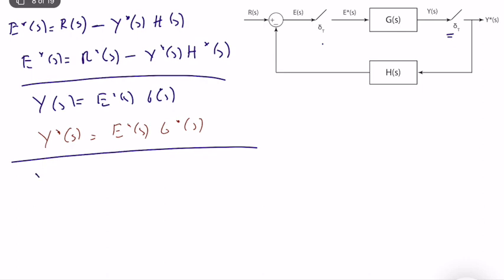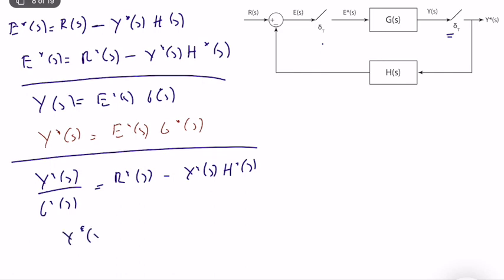So Y star of s divided by G star of s is equal to R star of s minus Y star of s H star of s. That's good. So Y star of s is equal to G star of s R star of s minus Y star of s G star of s H star of s.